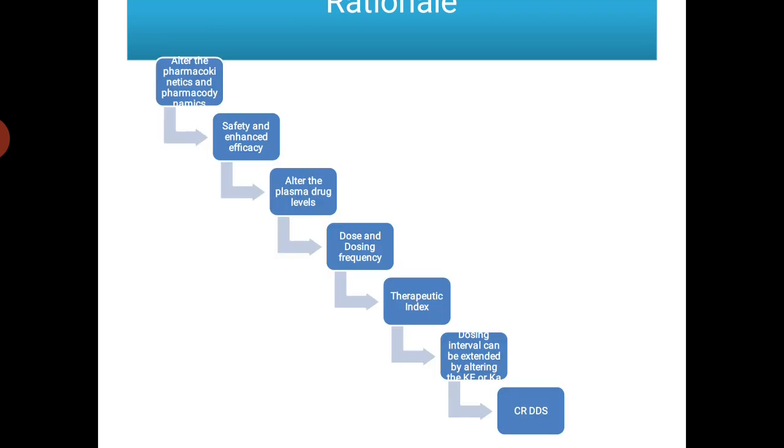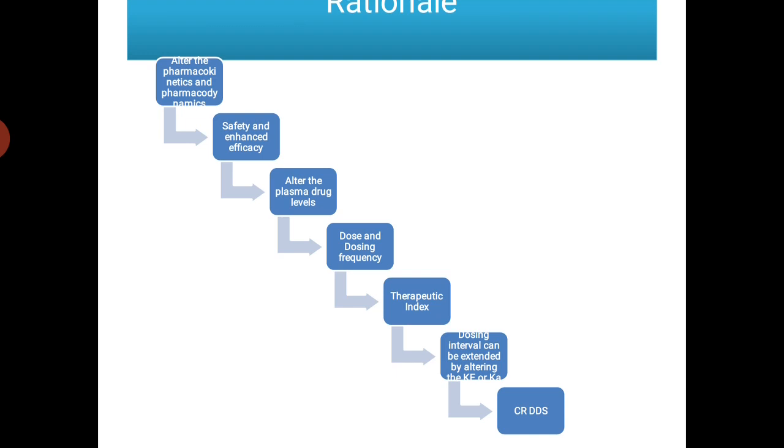Now let us see what is the rationale for selecting a controlled drug delivery system. Our ultimate aim is to alter the pharmacokinetic and pharmacodynamic parameters. You see the limitations of a conventional dosage form, which include so many fluctuations. These fluctuations can produce adverse reactions.